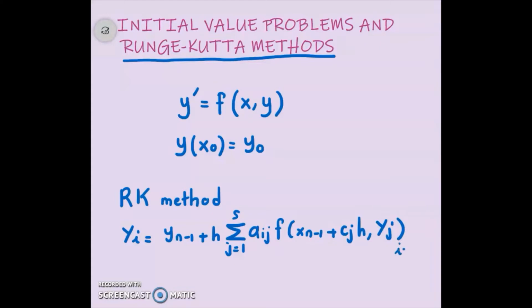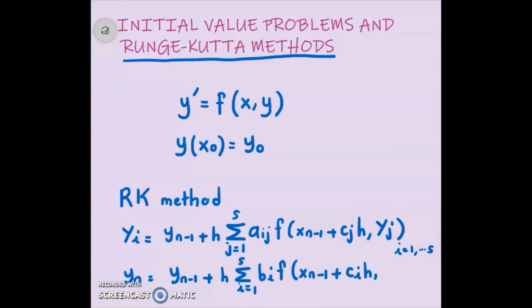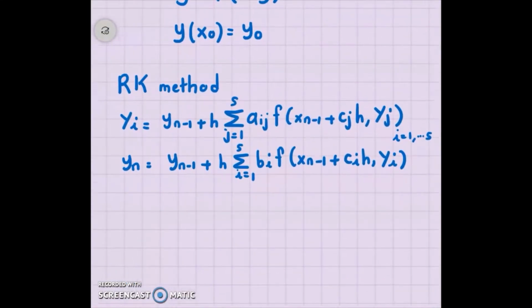So my i and j start from 1 to s. I'll tell you what x is later on, and y_n is given as y_{n-1} plus h, the summation from i equals 1 to s, b_i f of x_{n-1} plus c_i h, Y_i. So this is the definition of the Runge-Kutta Method.